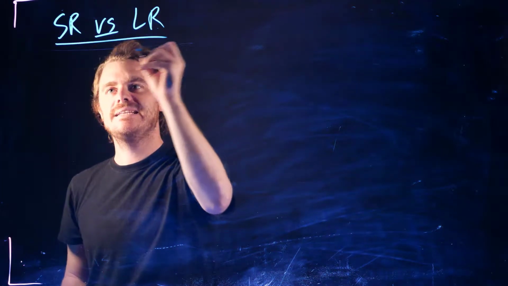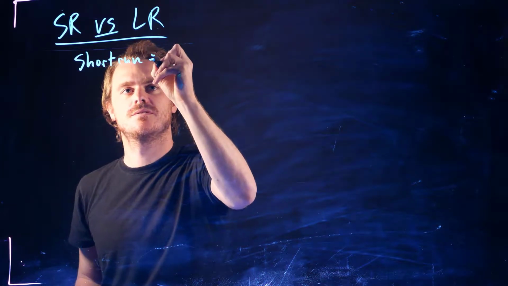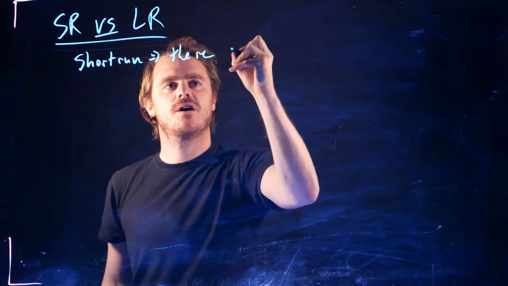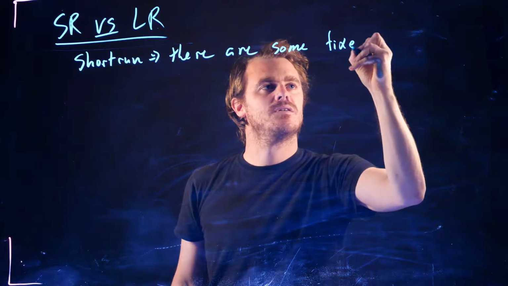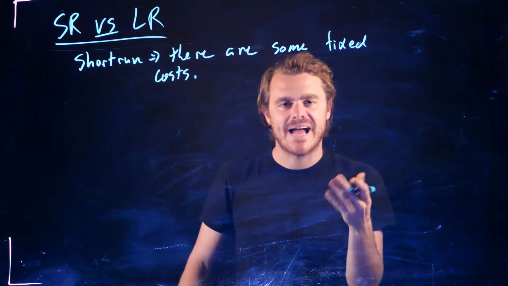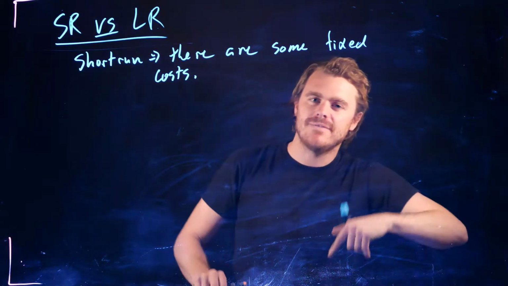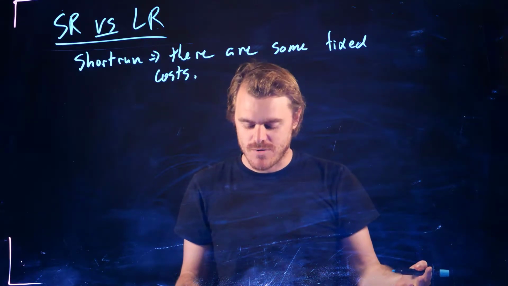So the main difference is that in the short run, there are some fixed costs. There are some parts of production that you don't really have control over. You have a factory of a certain size, and you can't change that in the short run.